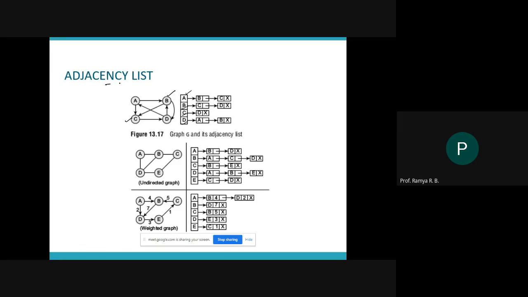So what is this adjacency list representation? Every vertex will have an associated linked list, which contains its neighbors listed. Is that clear? Yes, ma'am. So this is a directed graph, so accordingly its neighbors are listed.